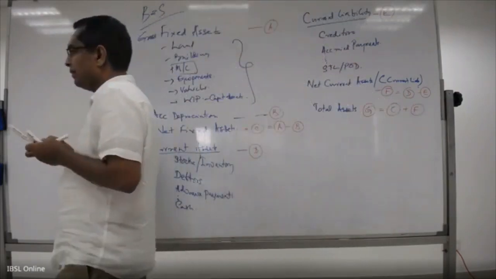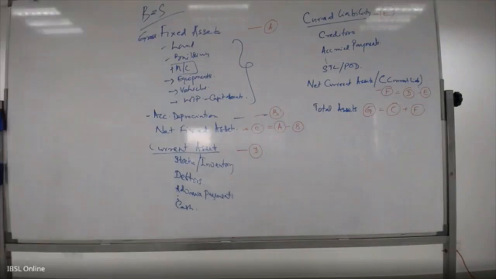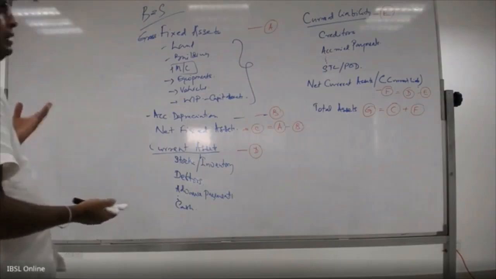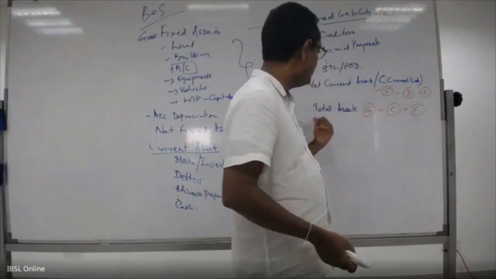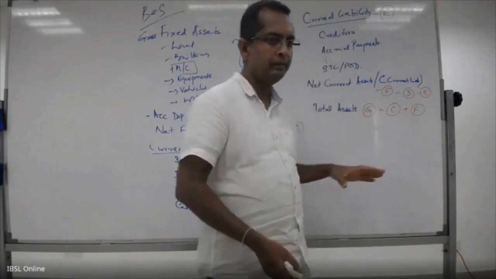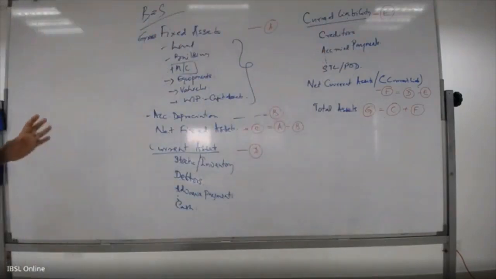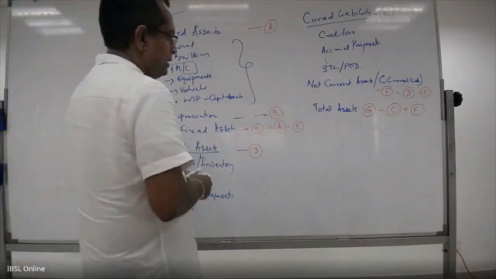This is C plus F. That is, net fixed assets plus net current assets or current liabilities equals the total assets, right? Then this is the asset side of it.